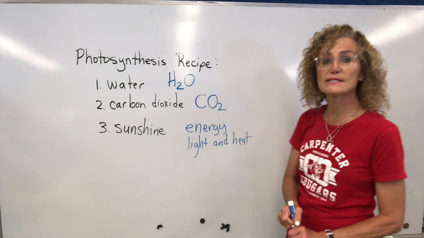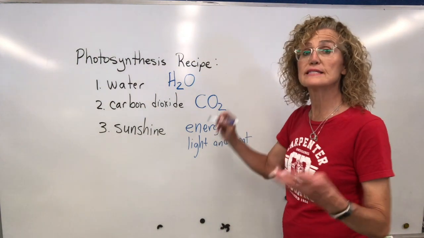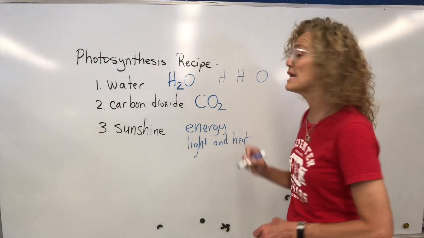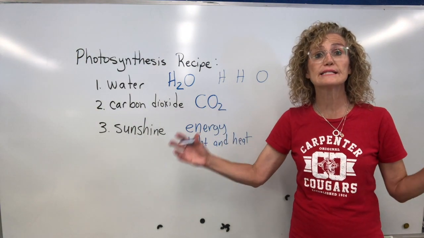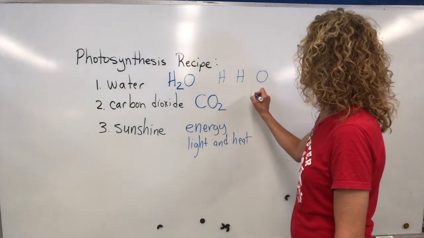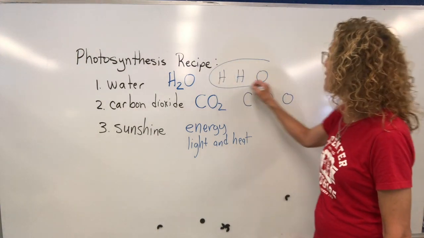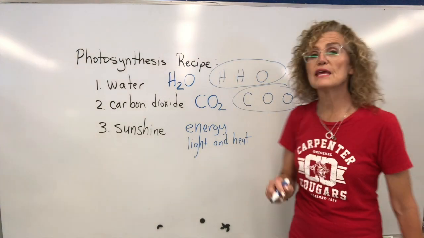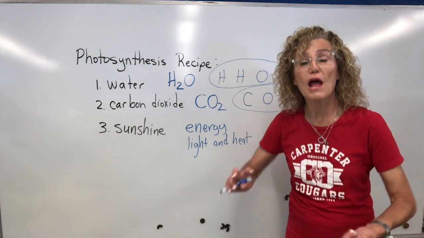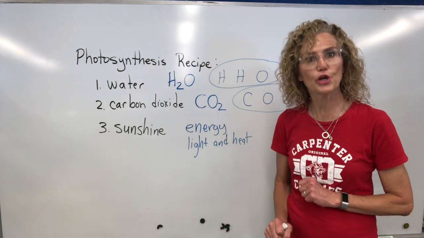The energy from the sun breaks apart hydrogen and oxygen to make, instead of having H2O, it makes H, H, O. It separates that into 3 separate atoms. And it separates carbon dioxide into C, O, O. So now, instead of having a molecule, these elements are now just floating around. They're separate, and now they can be combined to make food, to make sugar.